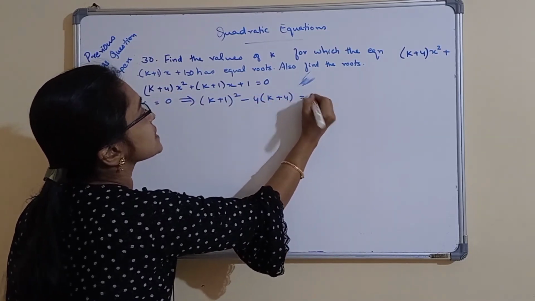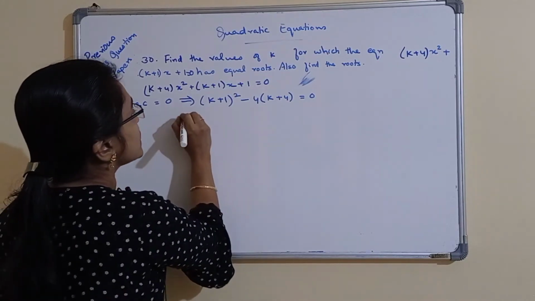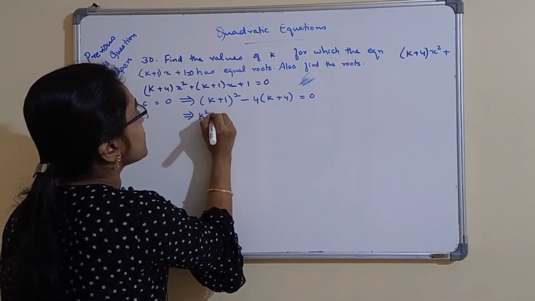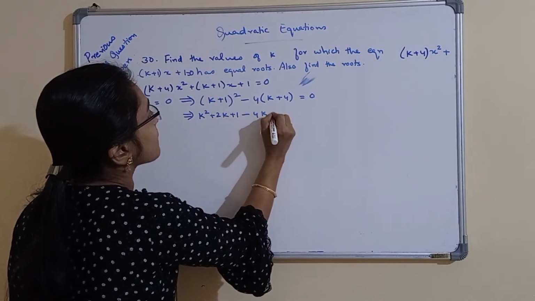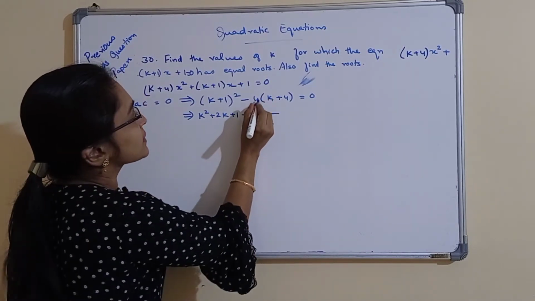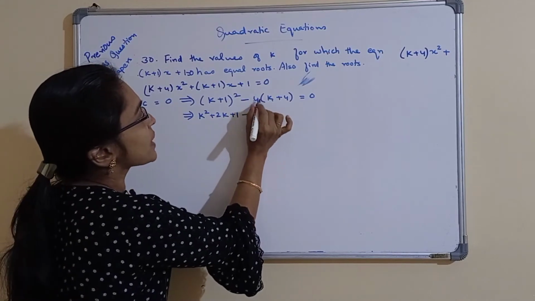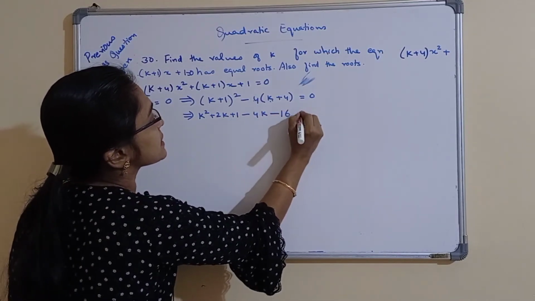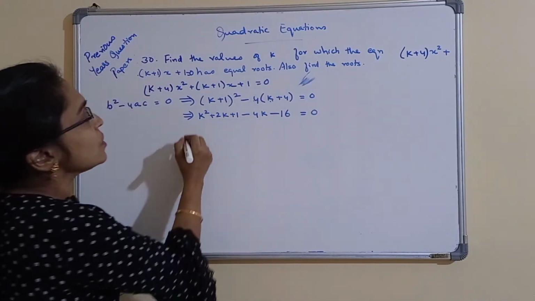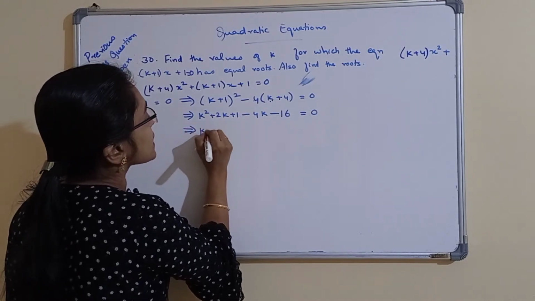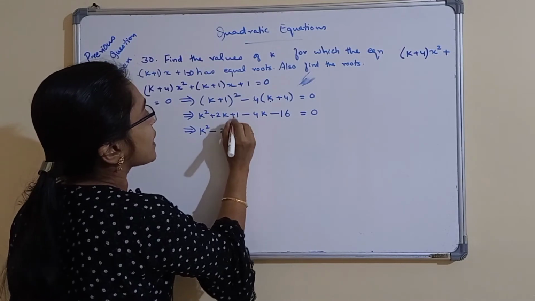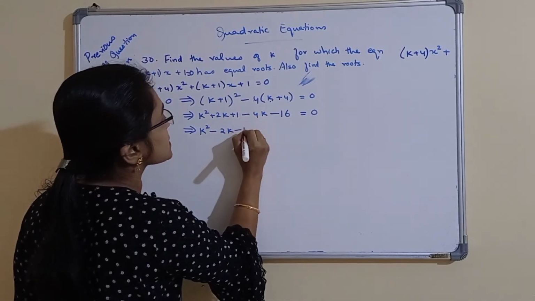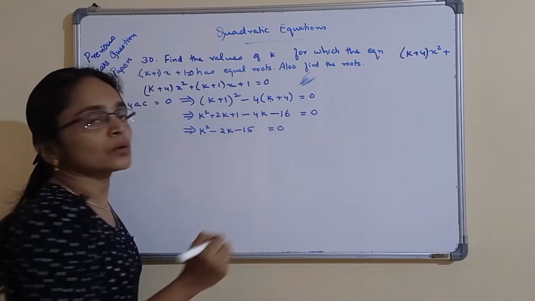Now this implies k square plus 2k plus 1 minus 4k minus 16 equal to 0. So this will become k square, 2k minus 4k is minus 2k, and 1 minus 16 is minus 15, equal to 0.